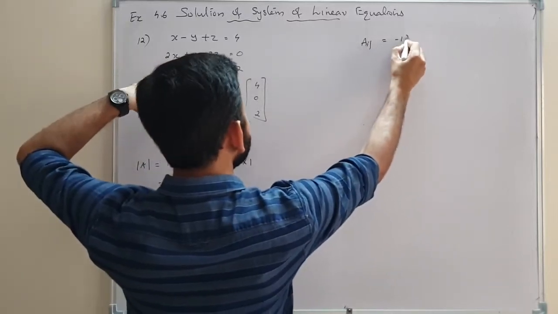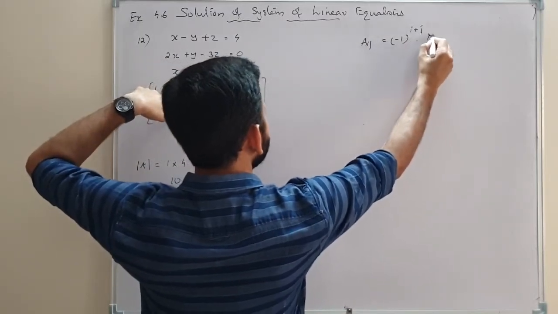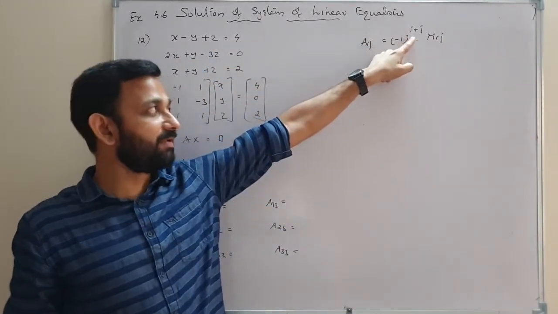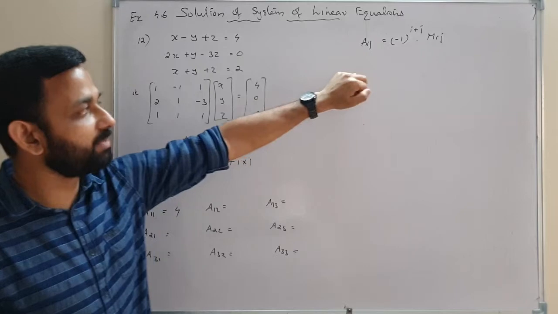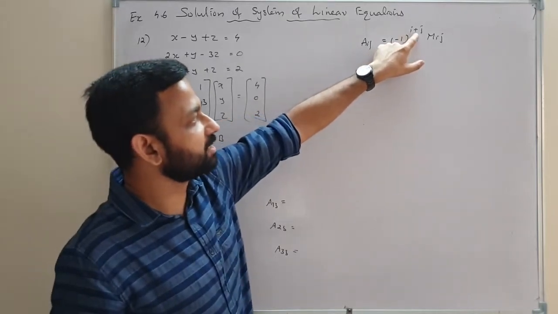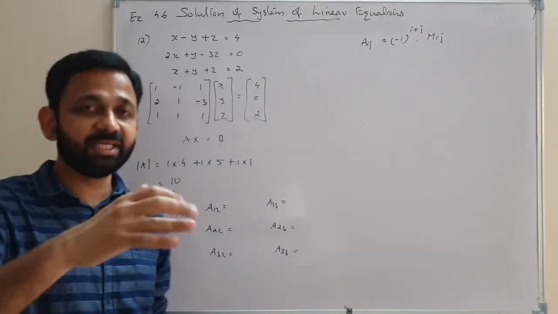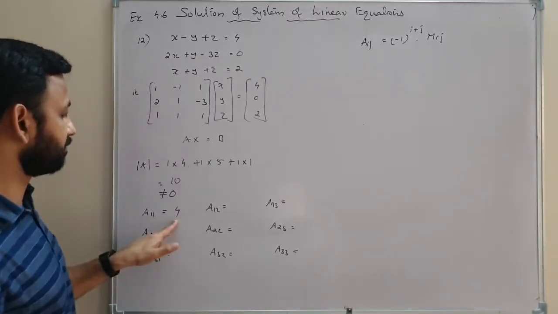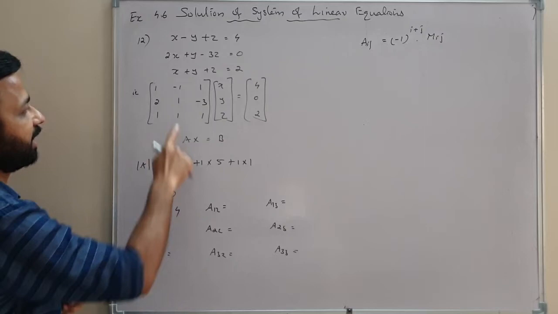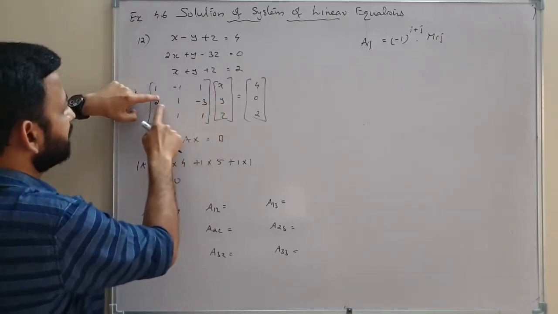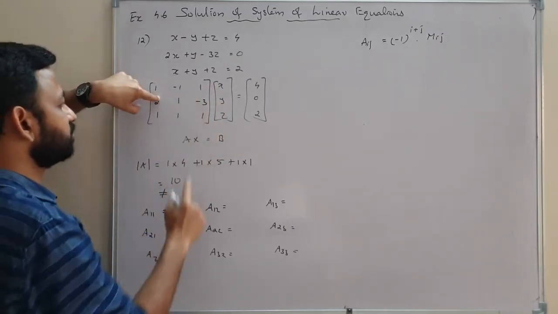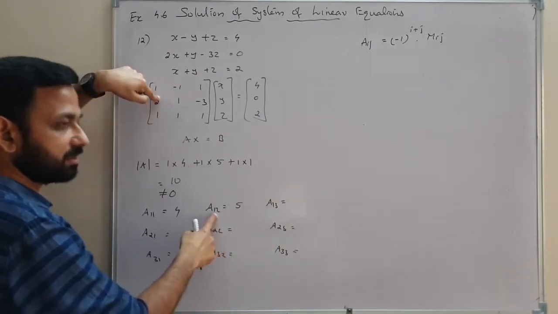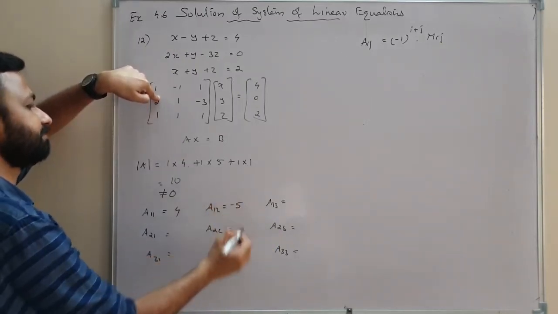Aij is equal to minus 1 raised to i plus j into Mij. If i plus j is an even number, the minor and cofactor will be the same, and if i plus j is an odd number, the cofactor is the negative of the minor. So here 1 plus 1 is even, so minor and cofactor are the same. Then A12, deleting, 2 minus minus 3, that is 2 plus 3, that is 5, and here 2 plus 1, 3, odd number, so minus 5.